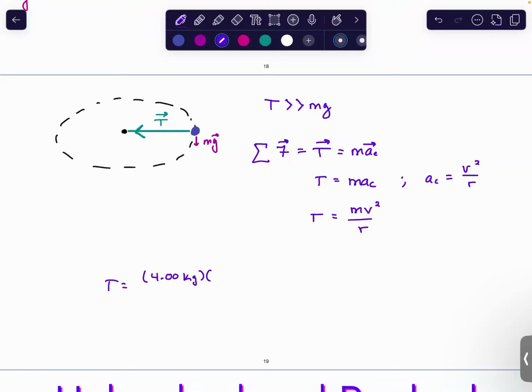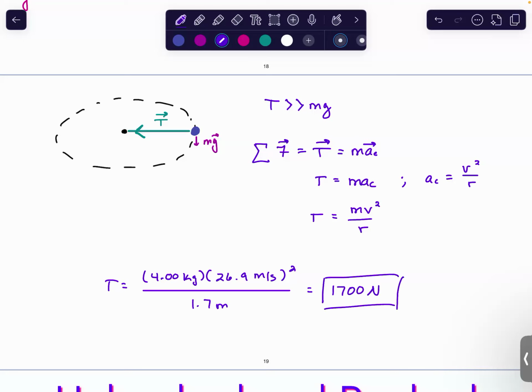The velocity we just solved for, and the radius of the swing, that's going to get you the tension. So that is the force being applied to the hammer by the athlete.